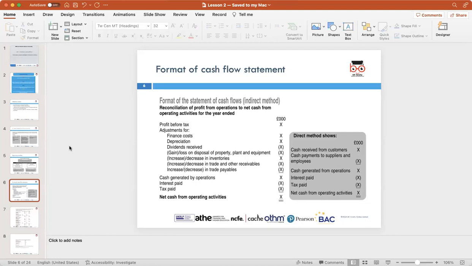The ultimate goal is to show whether the company is generating enough cash to cover its operating expenses, investments, and financing obligations. It's a tool for assessing a company's financial health and its ability to manage cash effectively.